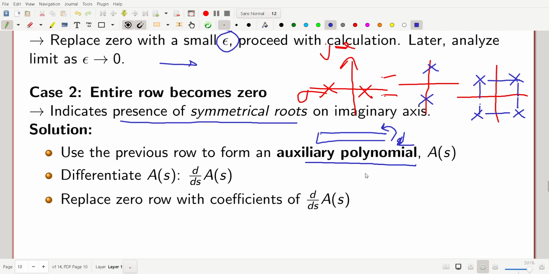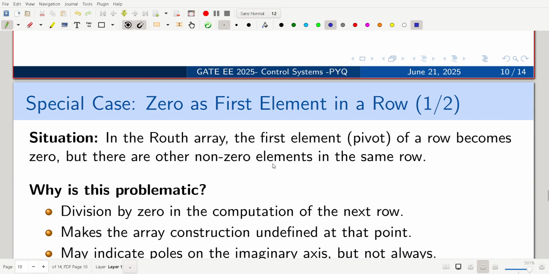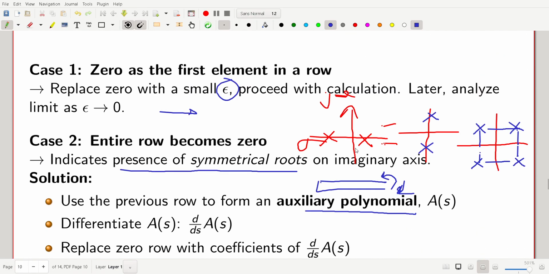Since symmetry will be about the j omega axis, only in the second case will the poles not be in the right half of the s-plane, but in the remaining two cases, first and third, poles will be on the right of the s-plane. This ensures the system is unstable. I'm not going deeper into this, you just have to understand why a complete row of zero comes.